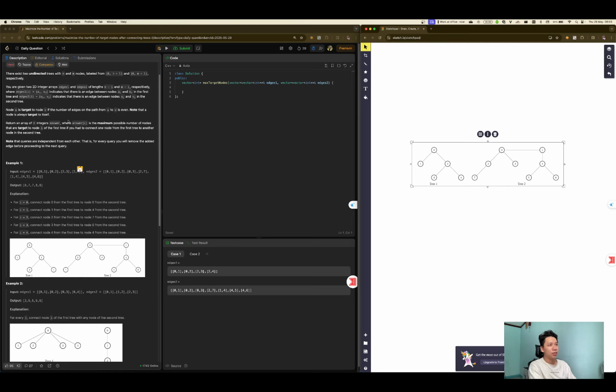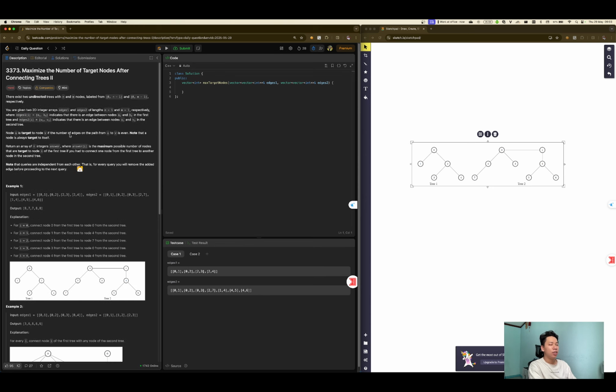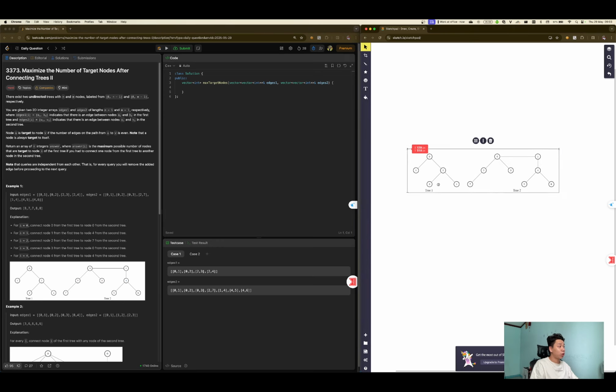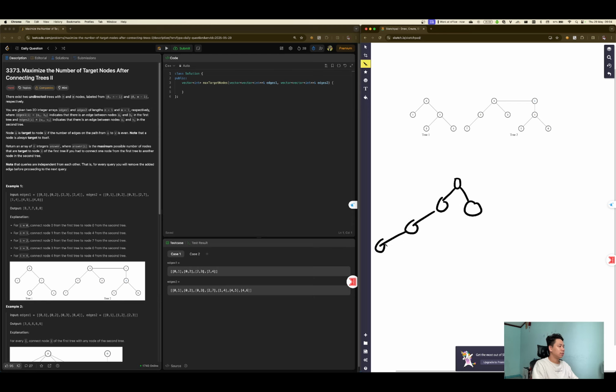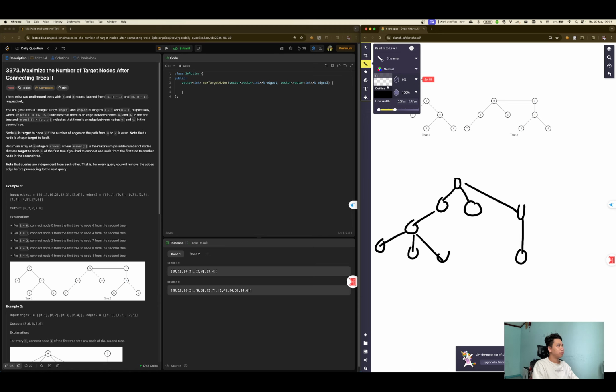As you can see, the statement has changed to an easier version, that is only even, so we don't need to take care of the exact total length of the path. First, let me try with an example. Let's draw some symmetric tree like this.